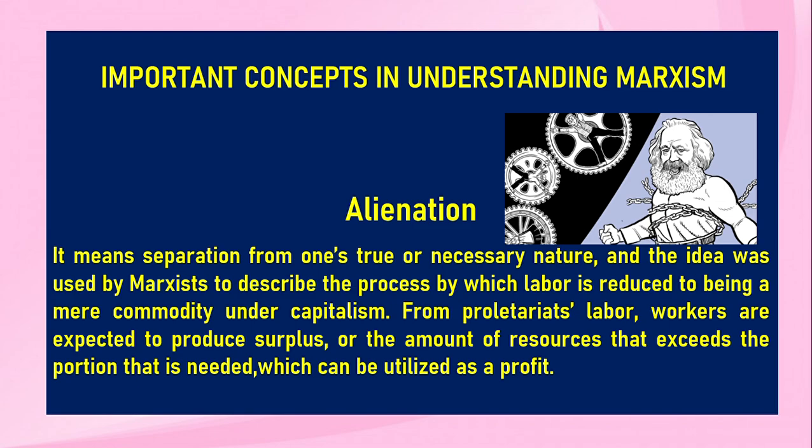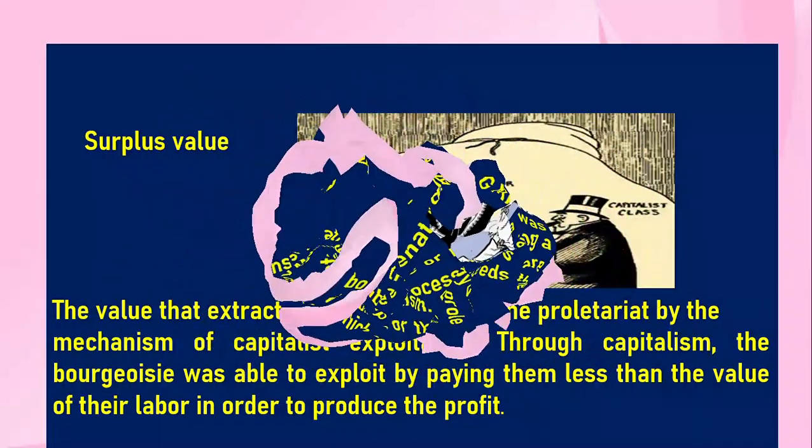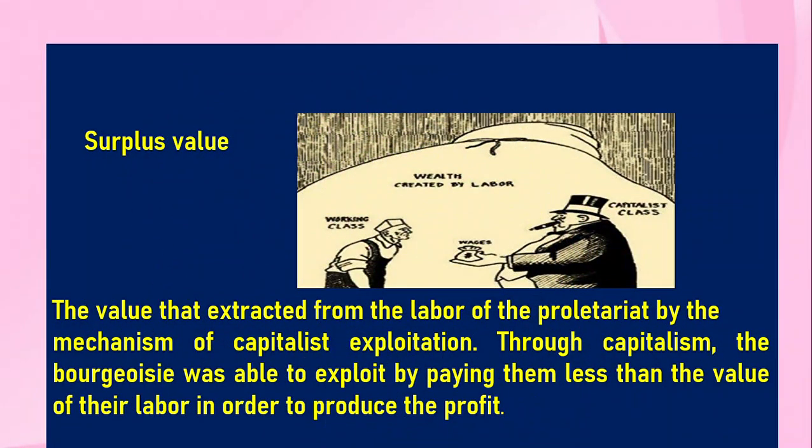Okay, next is surplus value. This is the value extracted from the labor of the proletariat by the mechanism of capitalist exploitation. Through capitalism, the bourgeoisie was able to exploit workers by paying them less than the value of their labor in order to produce profit.